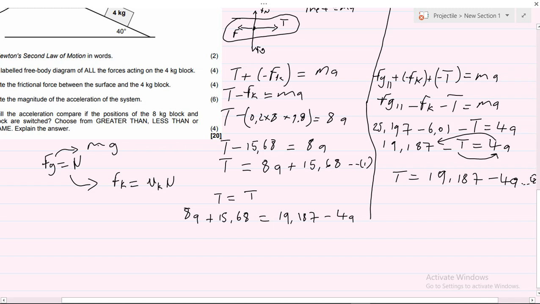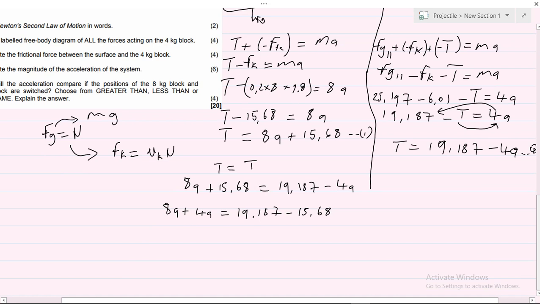Okay, then we can group like terms. 8a plus 4a is equal to 19.187 minus 15.68. Okay, I'm going to need my calculator right now. 8 plus 4 is 12a equal to, let me quickly get my calculator.